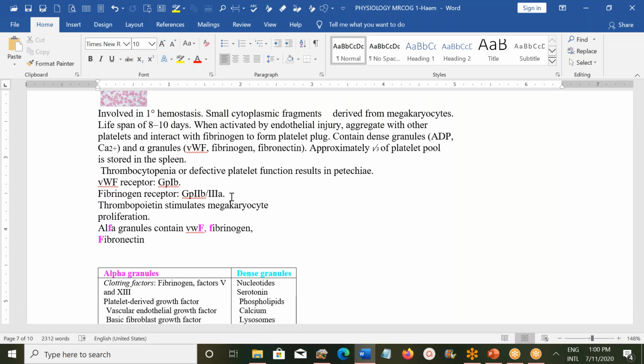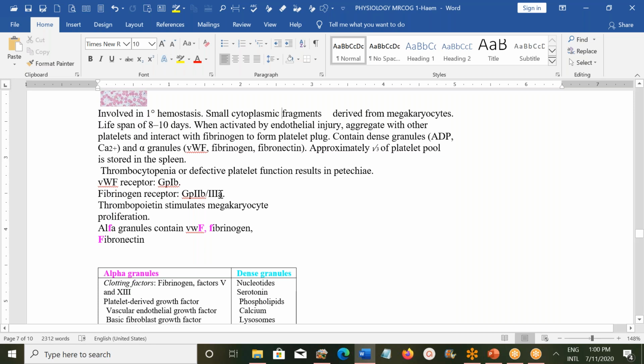When they go to the damaged wall, what will happen? They will produce certain vectors, and among these vectors they will produce certain granules. What will these granules do?